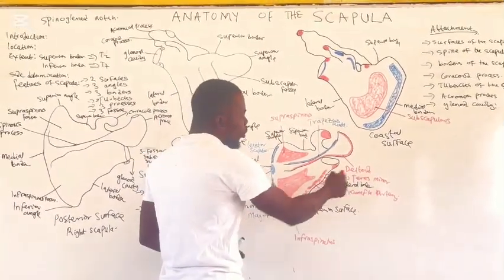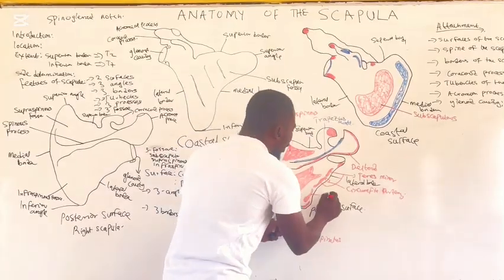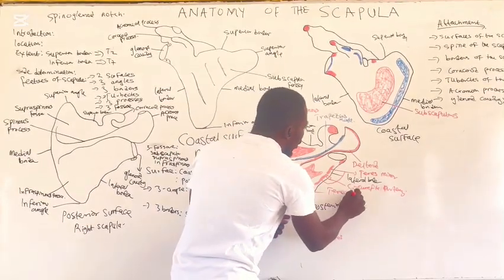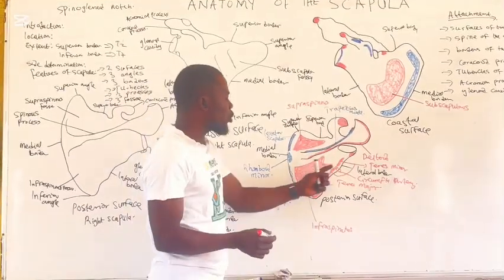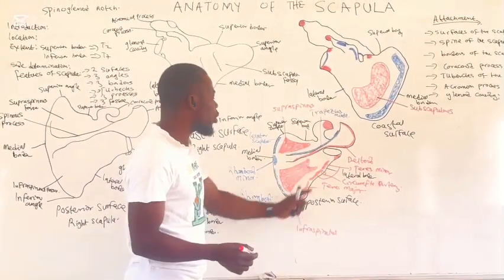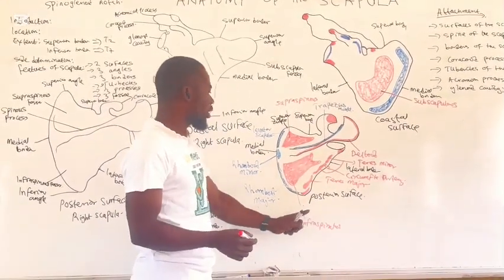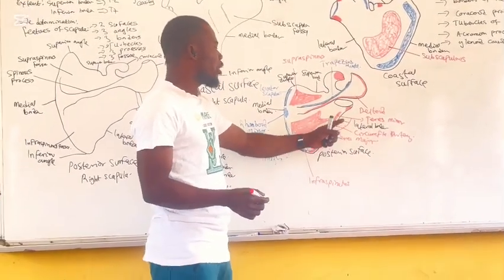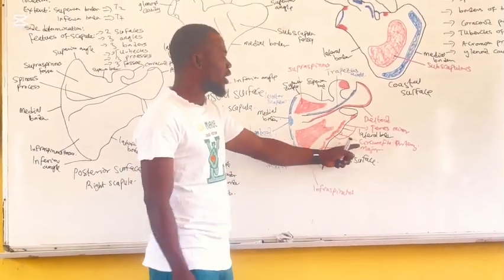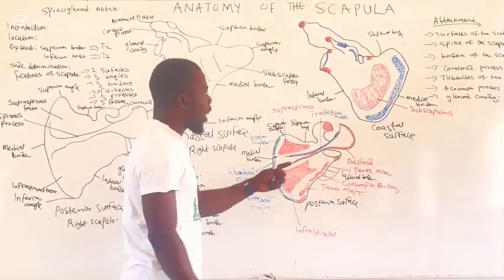Then, below the teres minor, it also gives origin to teres major. So, these are the muscles attached to the lateral border of the posterior surface of the scapula, the teres minor and the teres major.